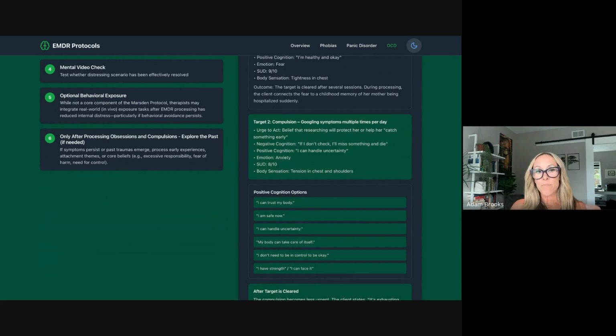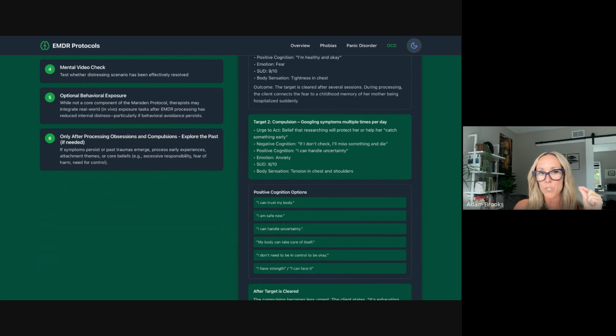Now, for the first part of targeting this with your TICs, you can either use an image, or you can actually target the thought itself as if it's an obsession. So either way, you'll be able to get it.